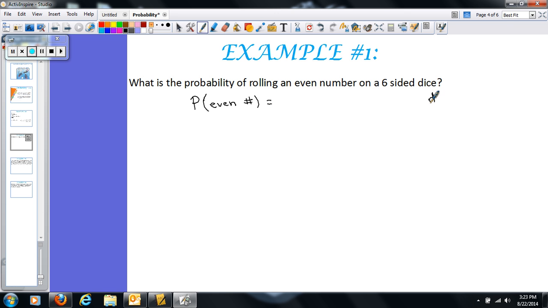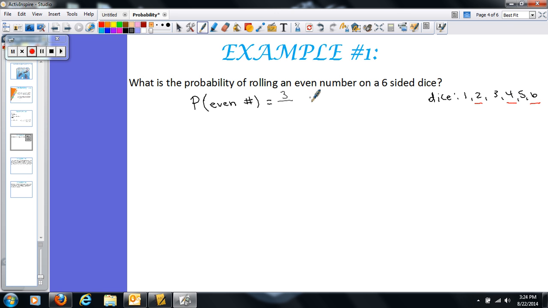So on a dice, you have the numbers 1, 2, 3, 4, 5, 6. I'm going to underline the even numbers. So favorable outcomes. If I roll a dice, how many of those outcomes are going to be favorable, meaning that they're going to be even?